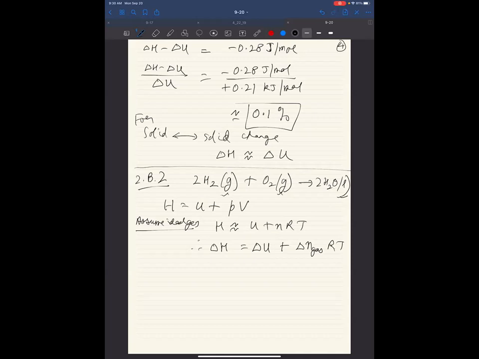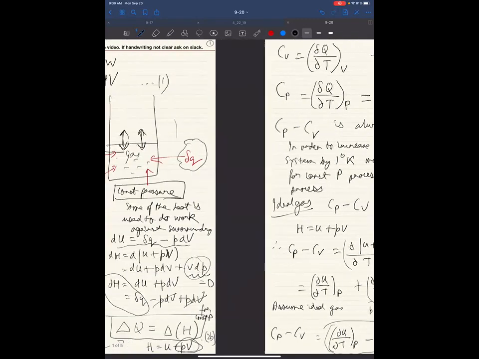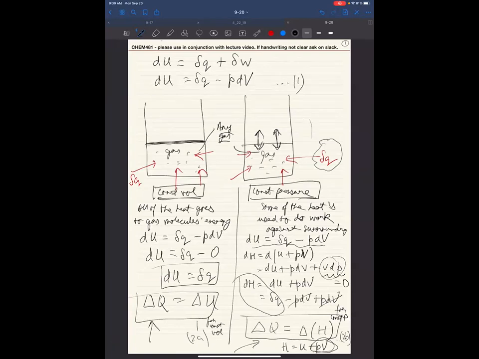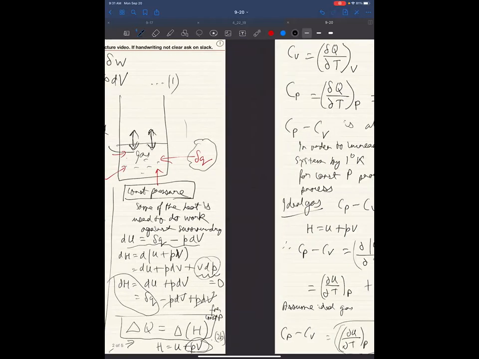But in general, when delta n gas is not 0, when gas is being produced or consumed, then you expect H and U to be different. Otherwise, they are the same. And this boils down to the simple picture that H is different from U because of the system's ability to do work against the surroundings. If it's a solid, it's not going to be that much. There will be something, but not that much.